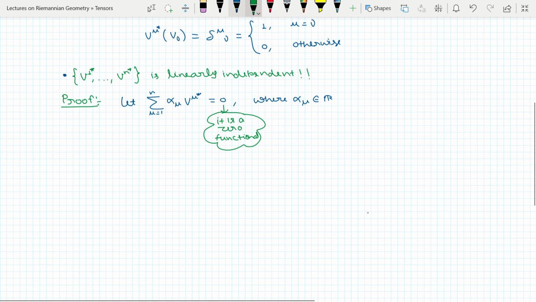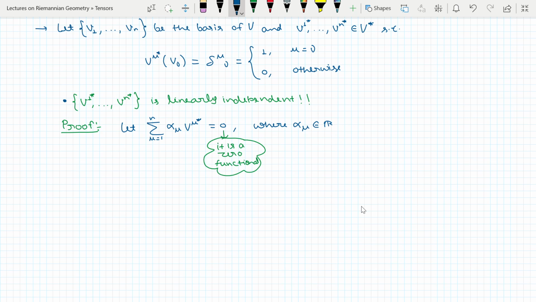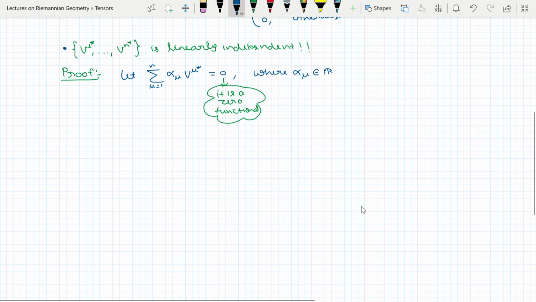So this is a 0 functional. Now, you already know the properties of these elements. What is that property? We will use that property. That property is, when it operates on some basis vector, it gives you delta mu nu. So since on both sides you have the functional, why not operate by some basis vector on both sides?